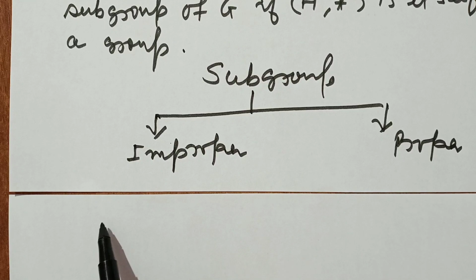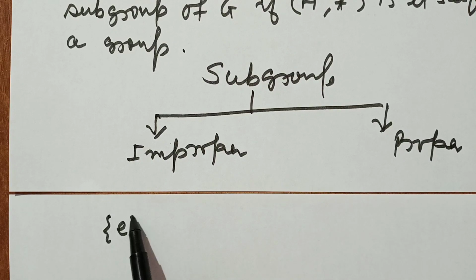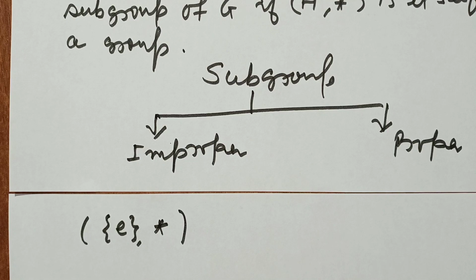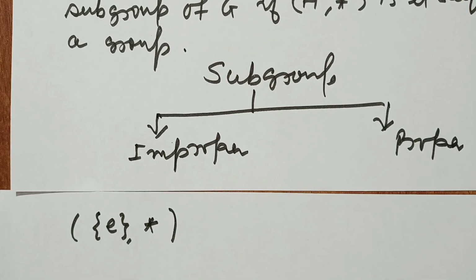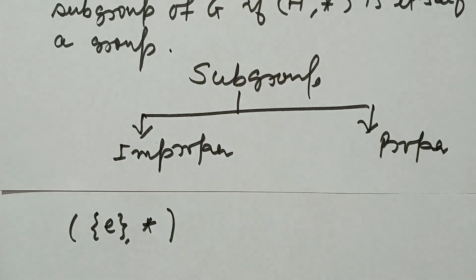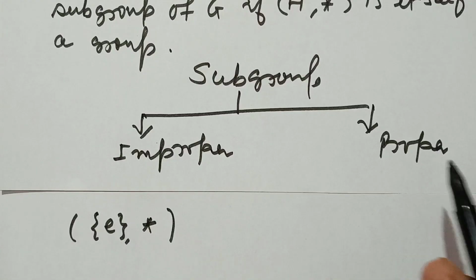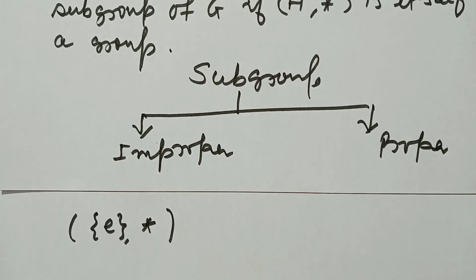Every set is a subset of itself, so similarly every group is a subgroup of itself. This is called the improper or trivial subgroup, and other than this is called a proper subgroup.